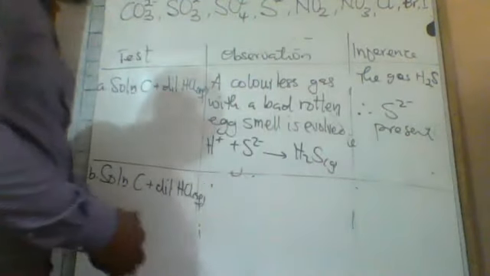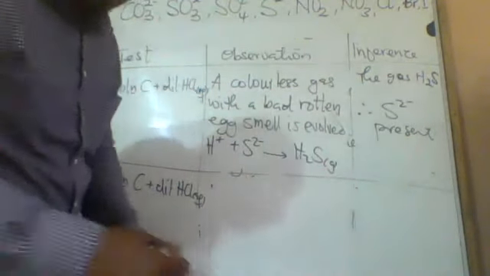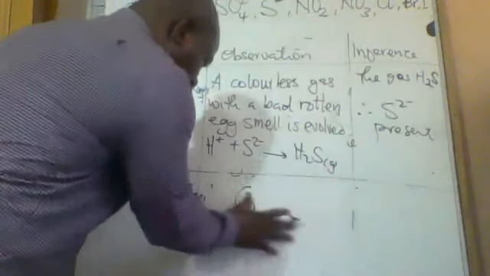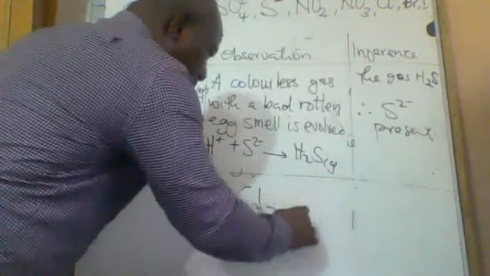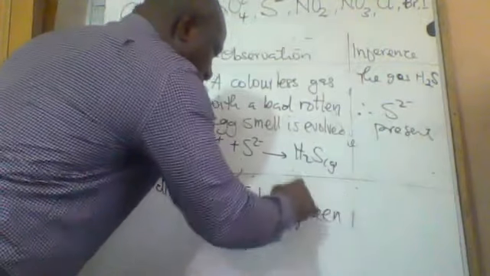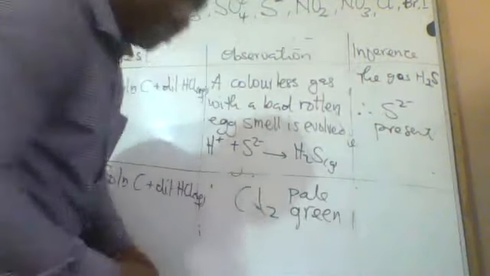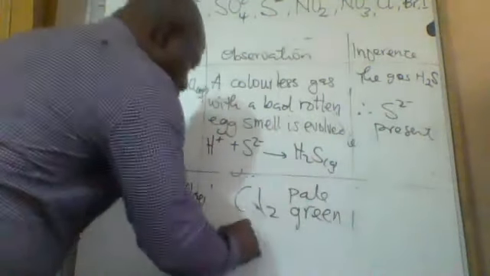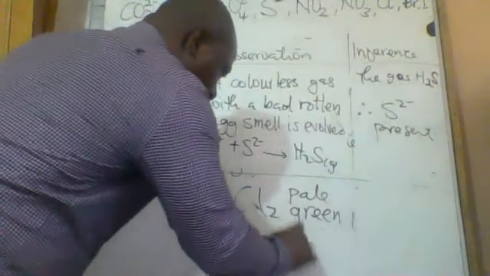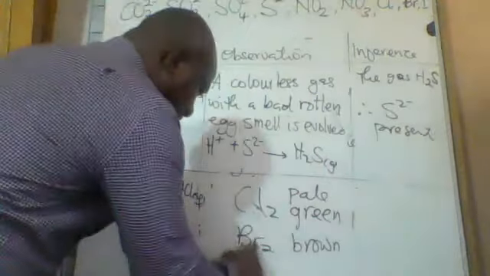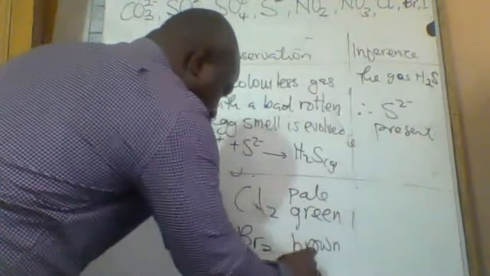However, chlorine gas, Cl2, is green. In fact, it is pale green. Bromine gas is brown. And then iodine, I2, is violet.